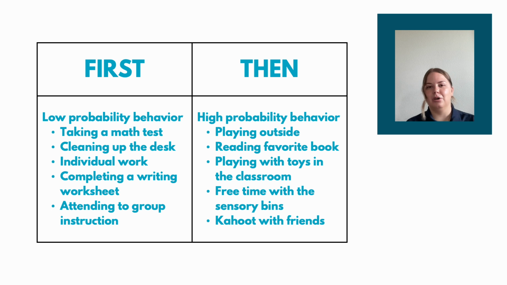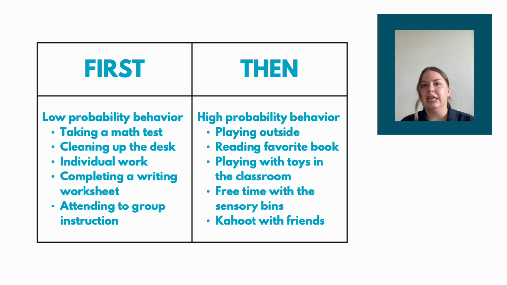And this first-then, or Premack principle, can be used really with anything. We just want to make sure that it can be understood by the student. So maybe we have students at varying stages of learning. Maybe some students can just be vocally told, okay, first we're going to take our math test, then we're going to play outside. Or maybe some students might need more of a visual schedule. So maybe we have a picture of cleaning followed by a picture of playing with toys in the classroom.